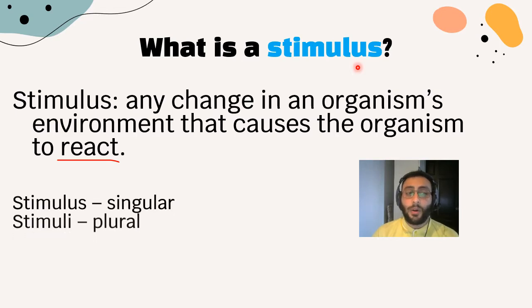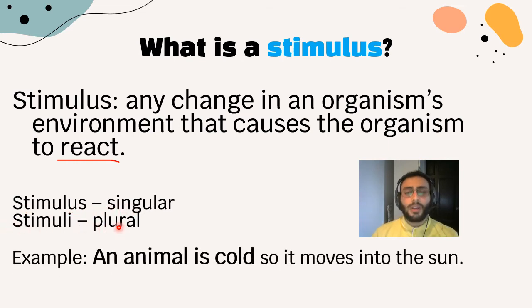Now, you should know that stimulus is singular. It means only one. For example, hot. Stimuli means more than one. It means hot and cold. We call them stimuli, which is plural. So remember, stimulus singular, stimuli plural. I know it's still a little hard to understand, so listen to this example.